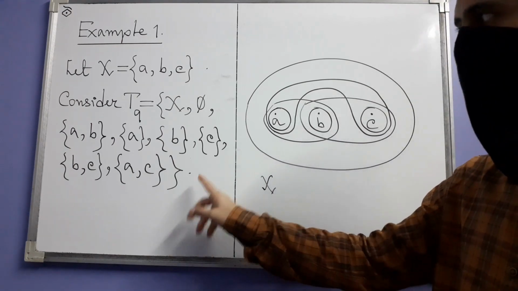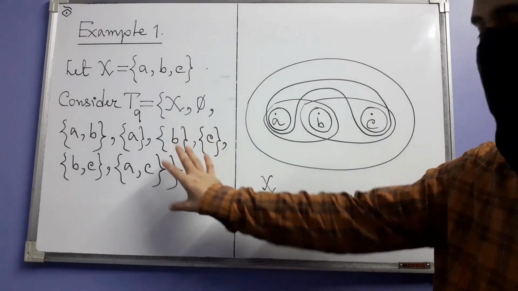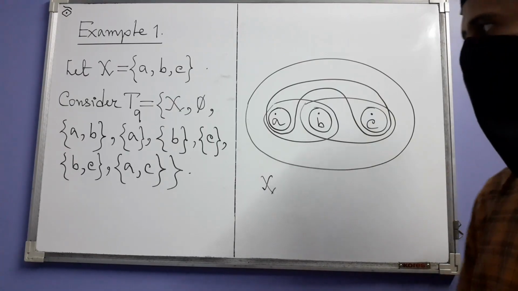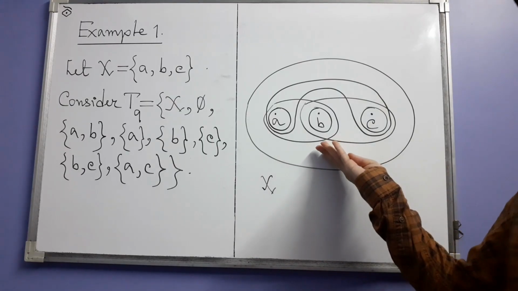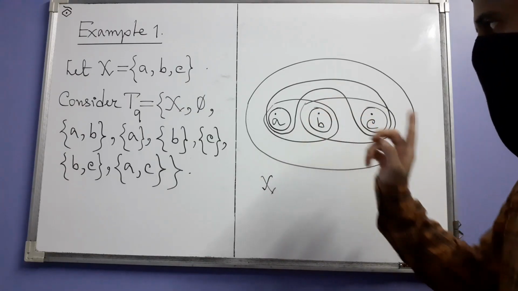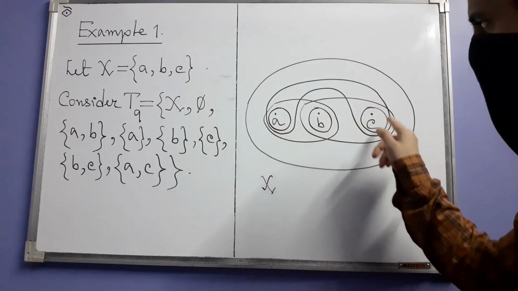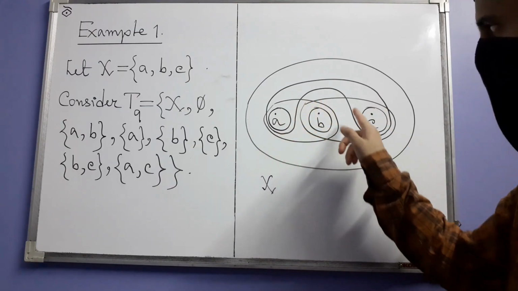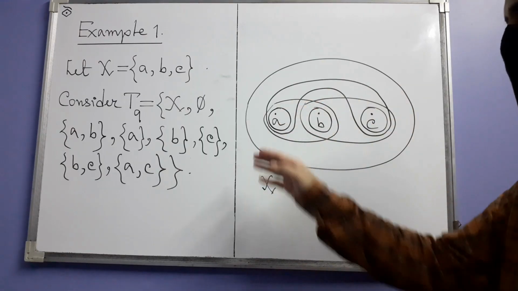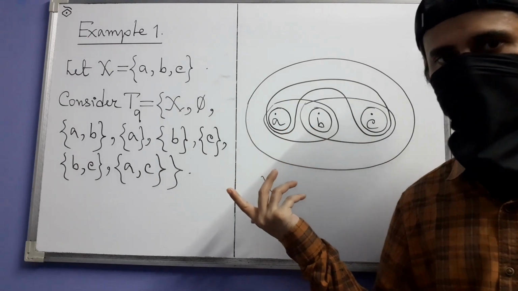Actually here we have all the subsets of X. So it is equal to the power set of X, the set of all subsets of X. And the diagram accordingly is very messy to indicate that we are considering all the subsets. First we start with the single elements, and then all the pair sets have been shown like this. And then of course you have the entire set X, and the empty set is sitting in the background.